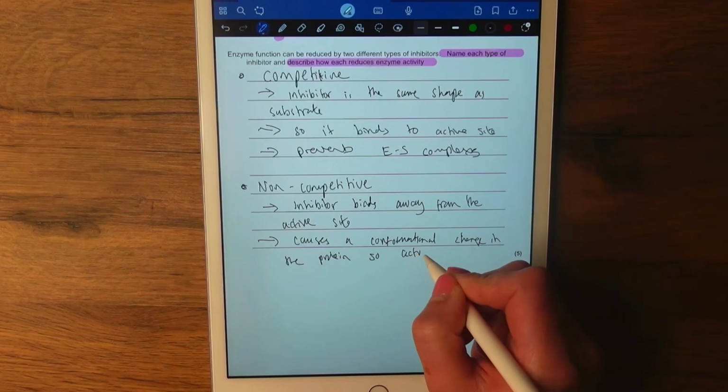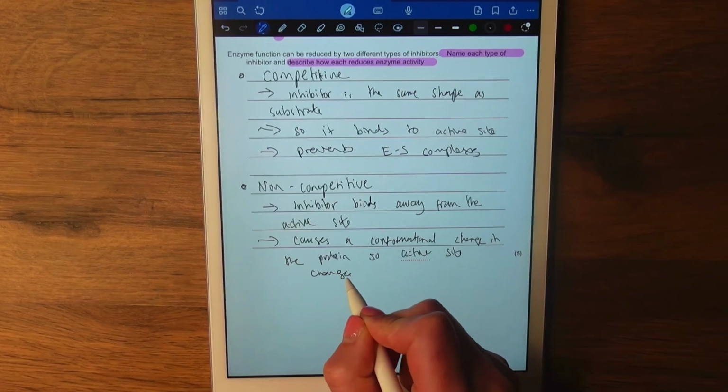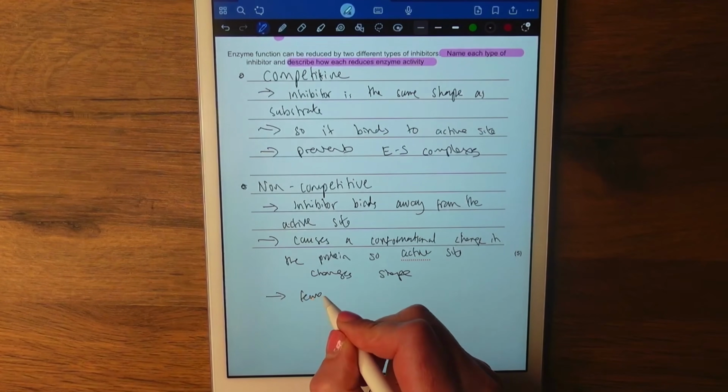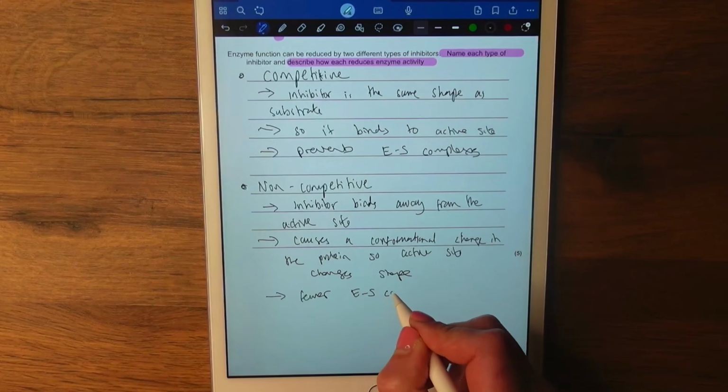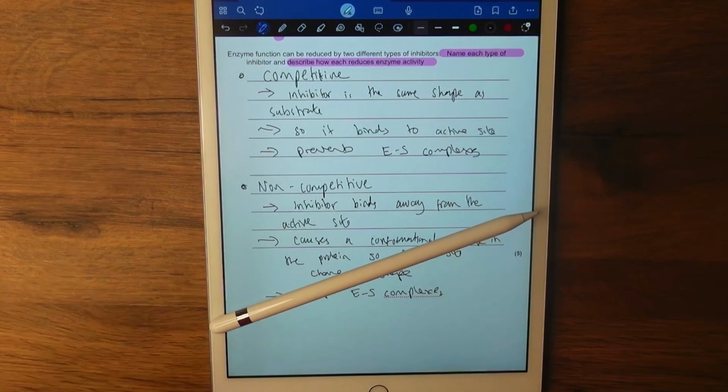So the active site changes shape. And then again, that means fewer enzyme substrate complexes. Mic drop, we're done.